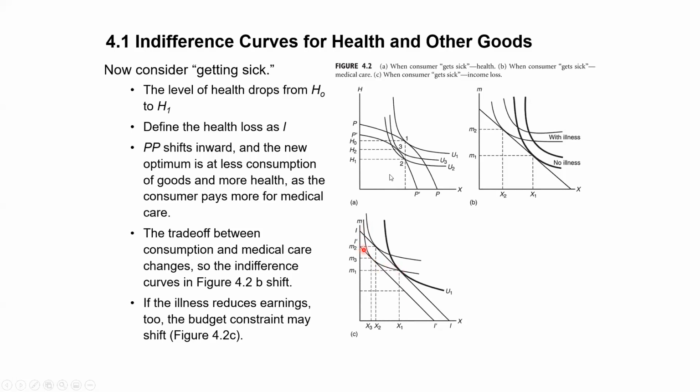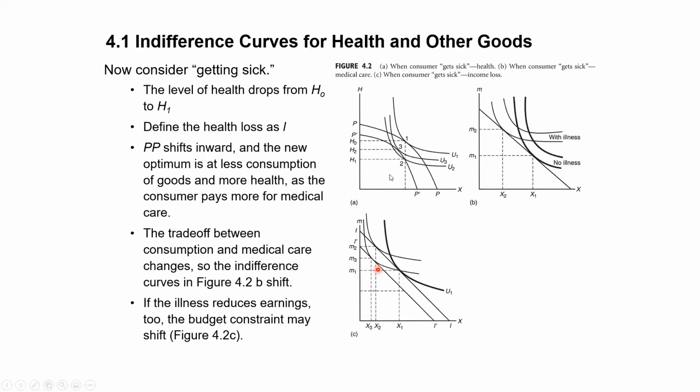So if your income level is also reduced, then the shift will be more to the left and downward as well. So these are the different levels of impact given sickness condition.